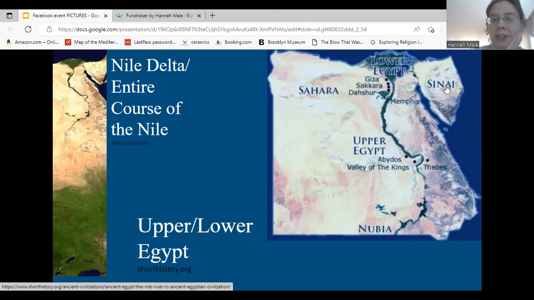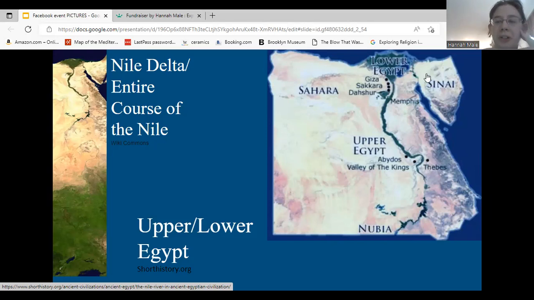And then you have the Sinai Peninsula, opposite from Lower Egypt, and from the Old Kingdom on, this is where a lot of the Egyptians got their minerals.